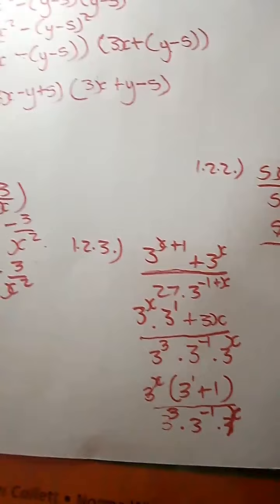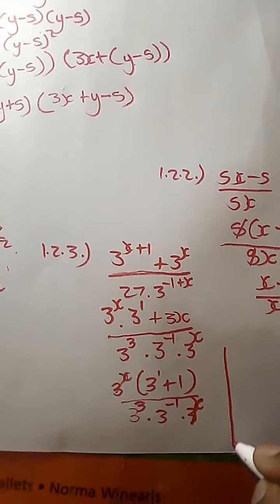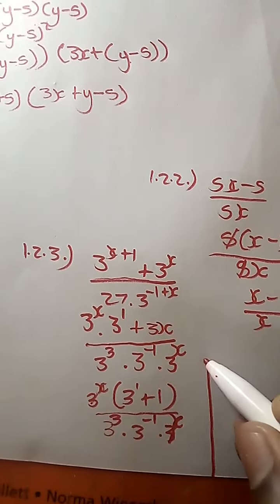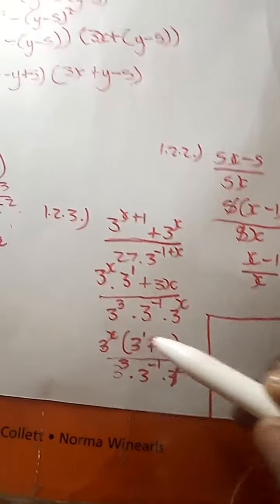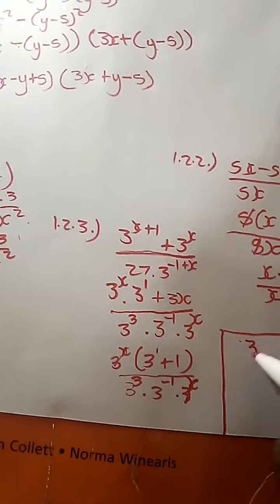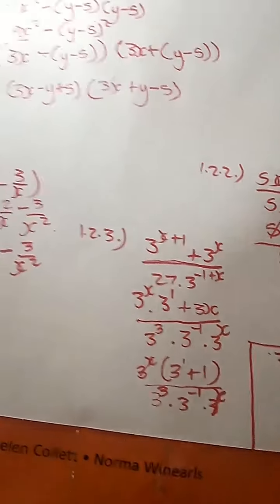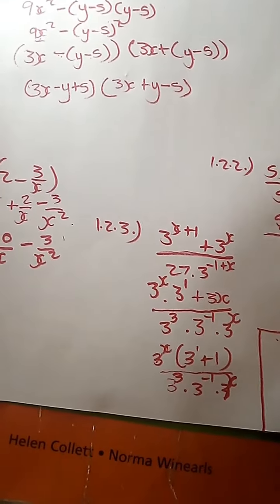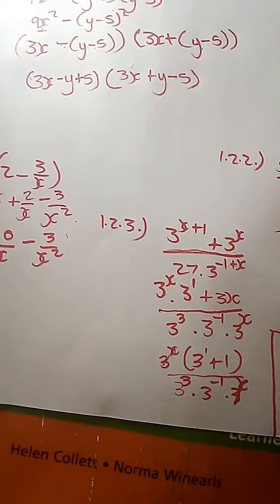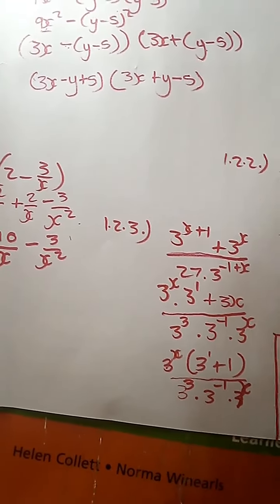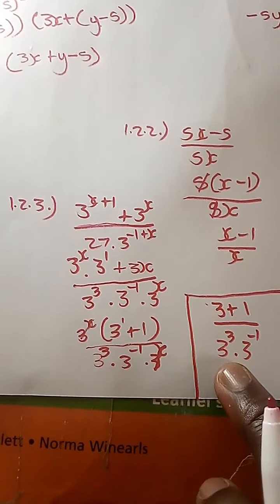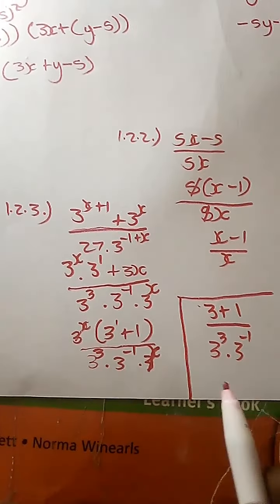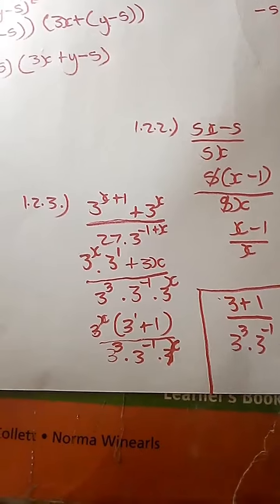Now we are left with 3 plus 1 on the numerator side. In the denominator we are left with 3 to the power 3 multiplied by 3 to the power minus 1. If bases are multiplied, we simply add the powers.